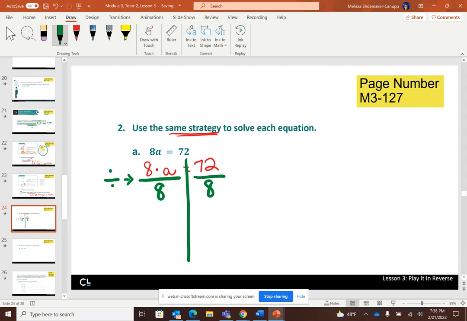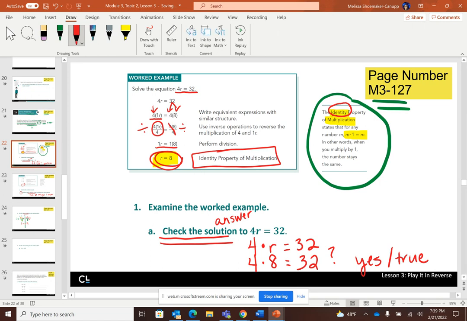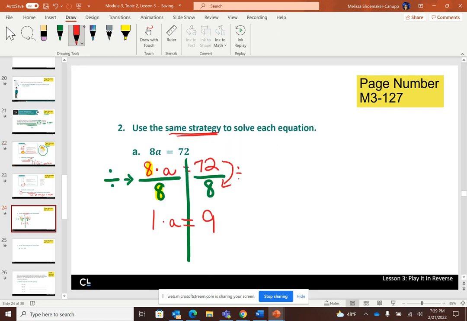And if I have 8 divided by 8, the answer to that is going to be 1. So I have 1 times a equals, well, what's 72 divided by 8? I believe that's 9. So remember that rule that we just talked about, the identity property of multiplication, it says 1 times anything is just going to be that letter, number, whatever it is. So we got the answer is 9.